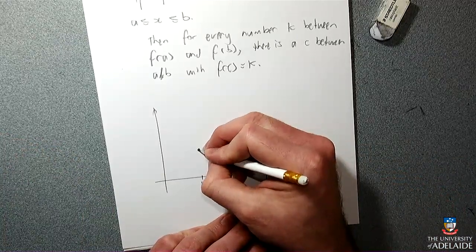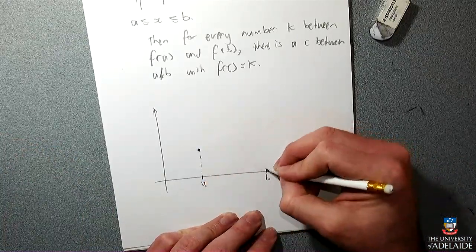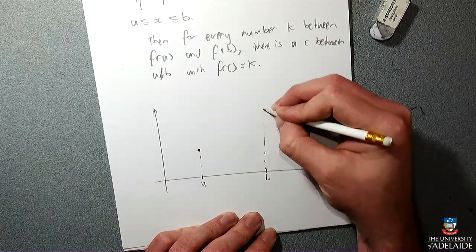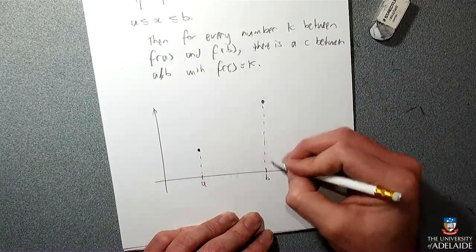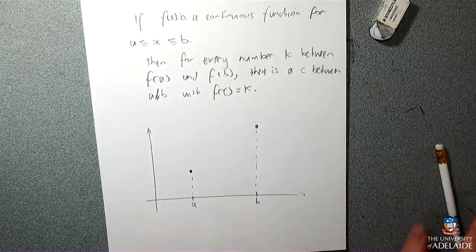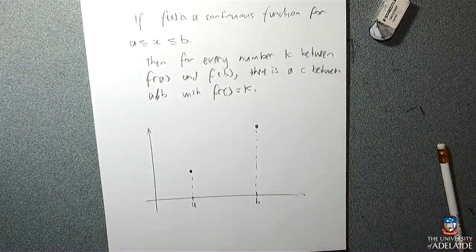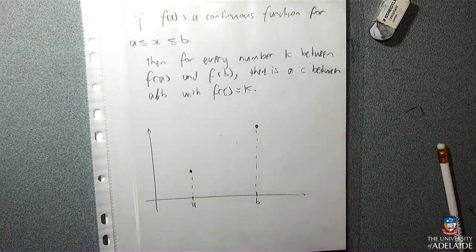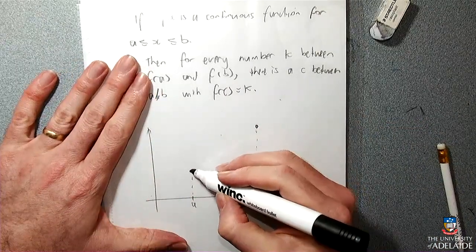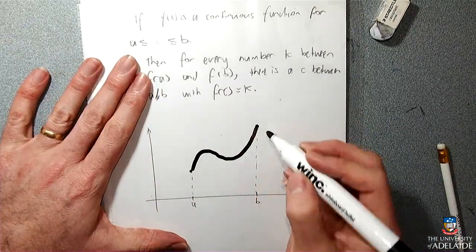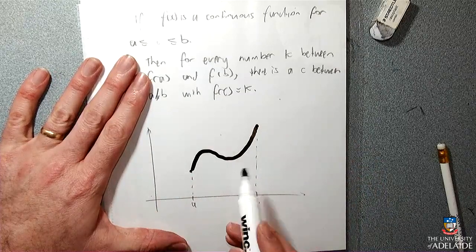And if it passes through this point, and it passes through this point, so that height there is f of a, and that's f of b, then it must pass through every number in between. It might pass through every number in between more than once. It might pass through numbers that aren't in between there, but it will definitely pass through every number between. So every number between here and here, no matter how I draw this function, every height has to be covered.